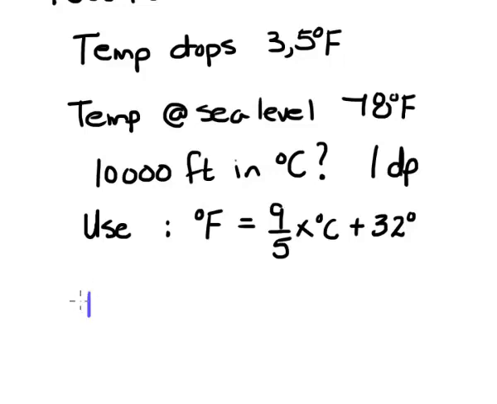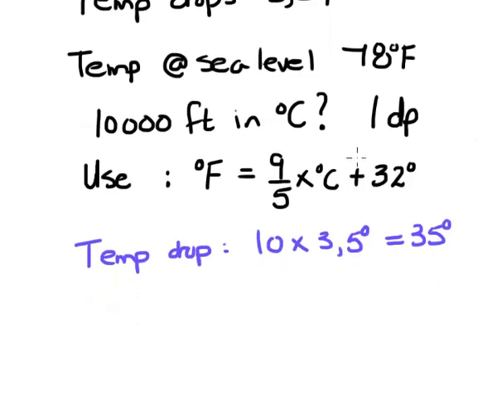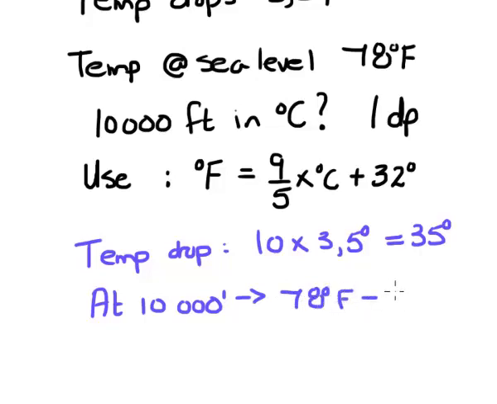So the temperature is going to drop by 10 times 3.5 degrees, which gives you 35 degrees. Now the temperature is dropping, it is going down. So let's first write this down. At 10,000 feet, remember that's your little symbol for feet, the temperature is going to be 78 degrees Fahrenheit minus 35 degrees Fahrenheit.